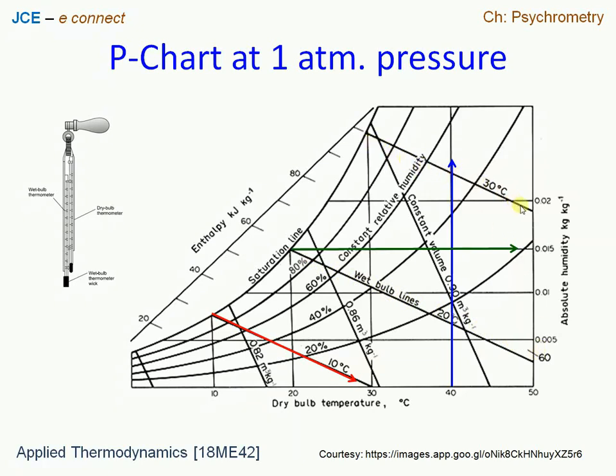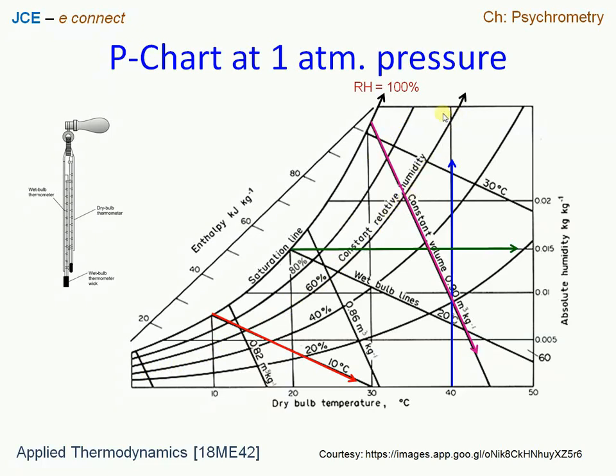Beyond this we also have steeper downhill lines, which are called constant specific volume lines, in cubic meter per kg. Beyond this we have one saturation line, which corresponds to the saturated vapor curve, and along this curve the relative humidity is 100%, and we have constant relative humidity lines one after the other.